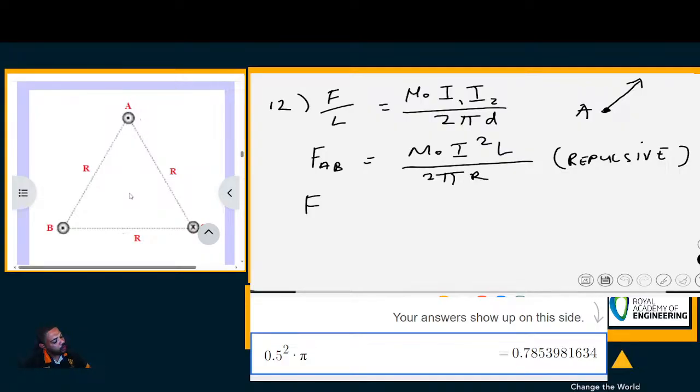It's repulsive, straight along that line. However, the force due to C, force AC, is attractive because they are parallel, but the currents are flowing in opposite directions.